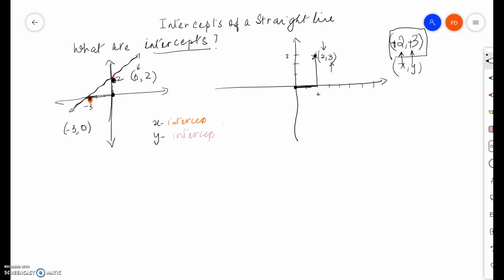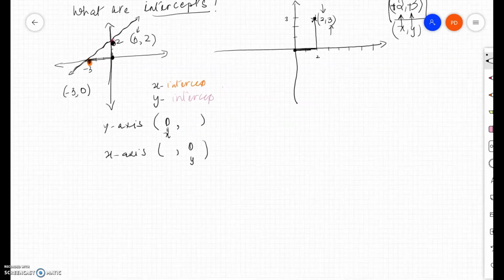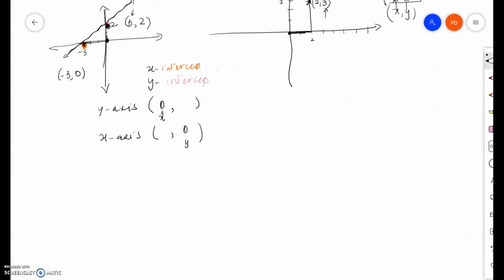So if a point is sitting on the y-axis, we can be sure that its x coordinate is 0. If it sits on the x-axis, we know for sure that its y coordinate is equal to 0. This is what we use when we find the x-intercept and the y-intercept of a given line.